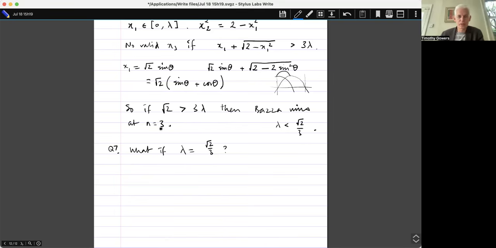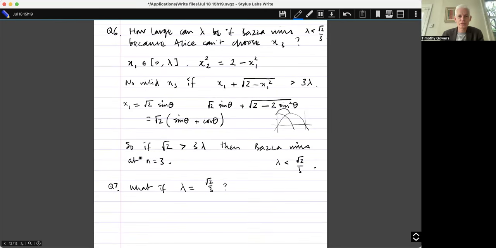But let's quickly think about what happens if lambda equals root 2 over 3. I think it's going to be the case that if Alice chooses something that's bigger than 0, then Bazza will go for this strategy of choosing as large as possible.